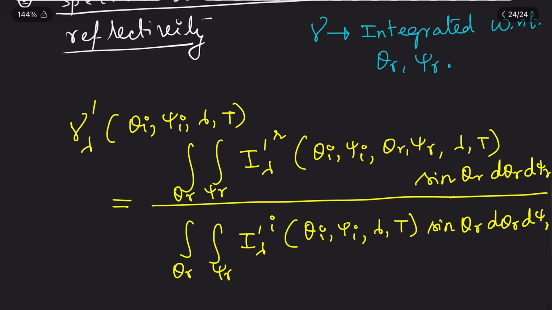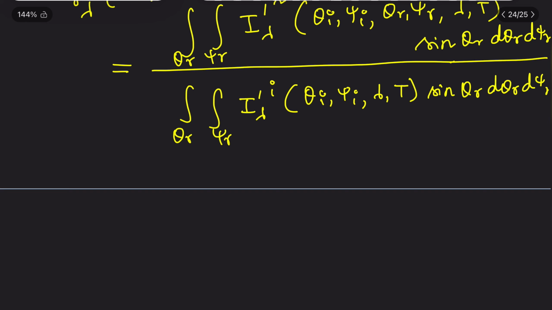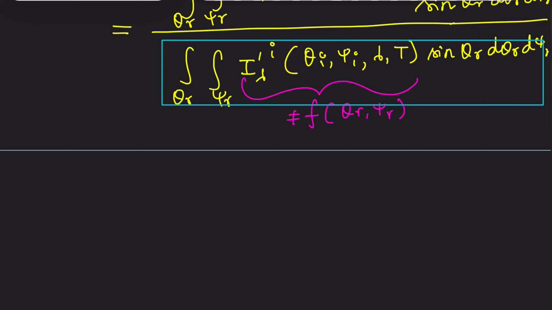Now can you see a very interesting thing, that this is already not a function of theta r comma psi r. So I can take this out, and if I choose this fellow separately, then I can take this fellow out, and we already know what the remaining quantity is, right?